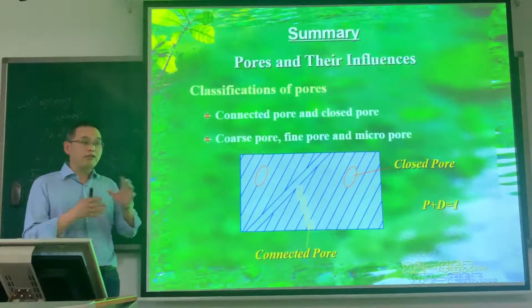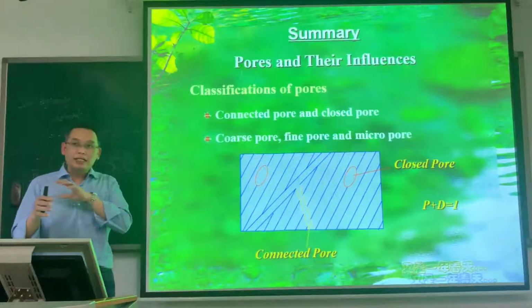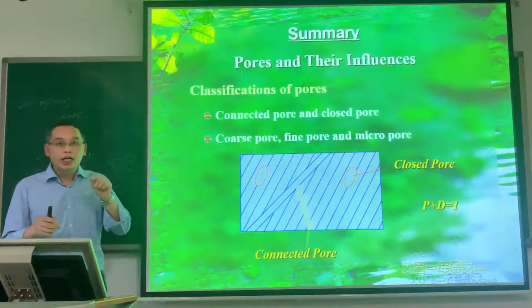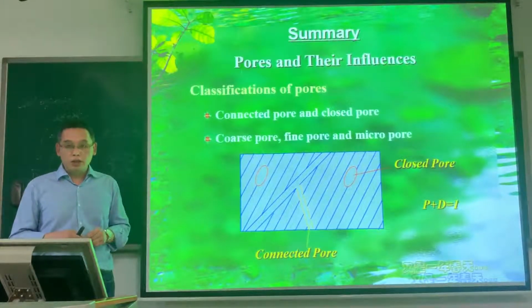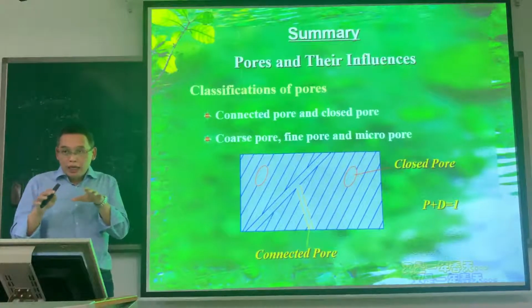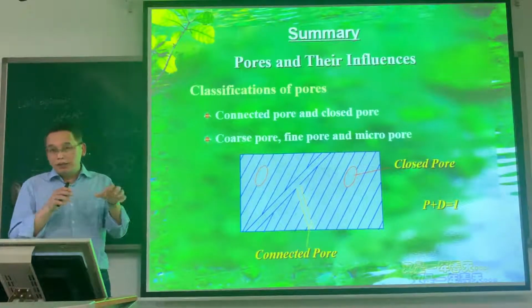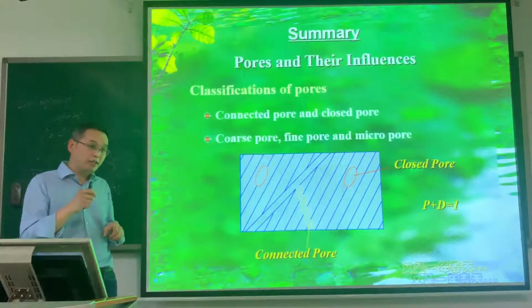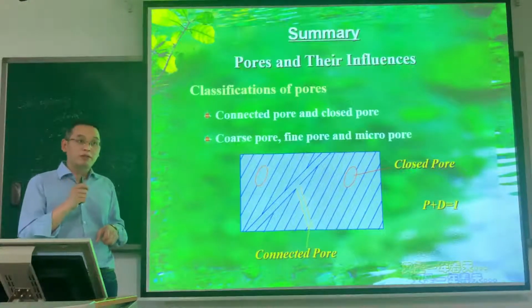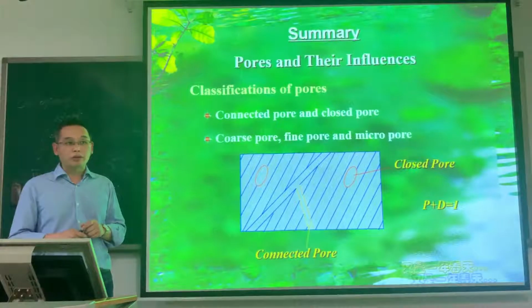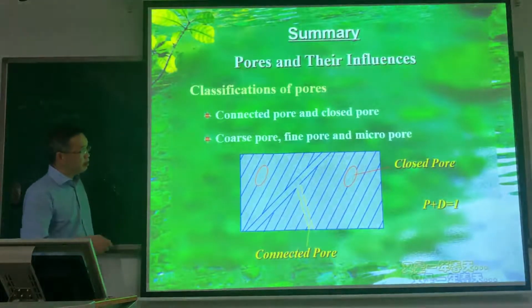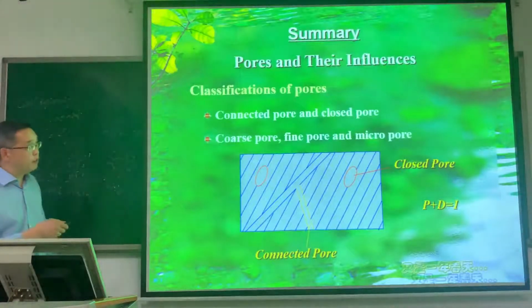It means that there are some or a lot of pores in this kind of material. So how do the pores affect the performance of the material? So this is the pores and their volume, their influence.